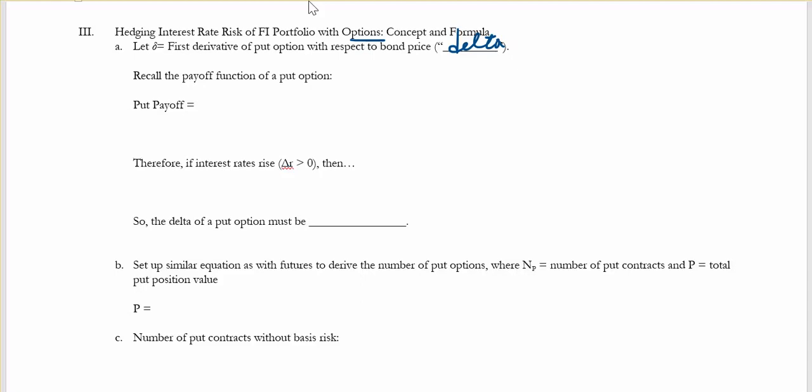And to distinguish it from delta, which is also used for changes, we're using basically the lowercase way of writing the Greek letter delta.